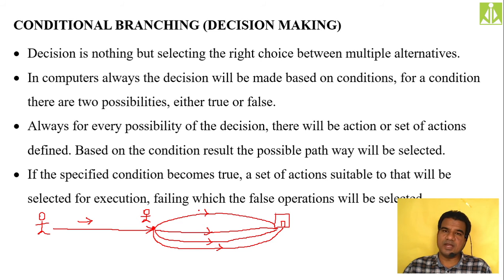Let us name these paths: A, B, C, D. Four different paths you have. Among these you need to select one possible path, because it is not possible to move on all four paths at a time and reach home, isn't it? You have to select any one possible path.